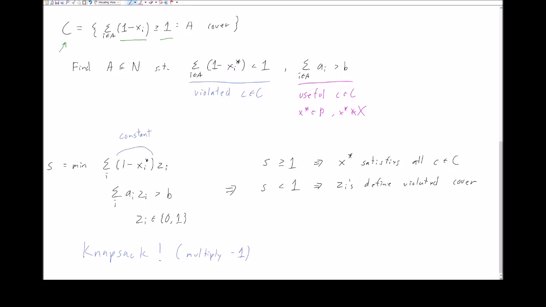We can phrase this as finding some cover A so that the constraint is violated for our solution X star, where violation implies that the sum of the 1 minus xi stars over all the i's in A is less than 1.